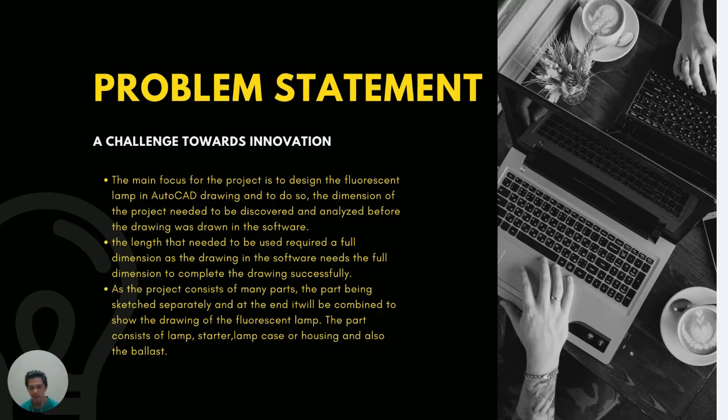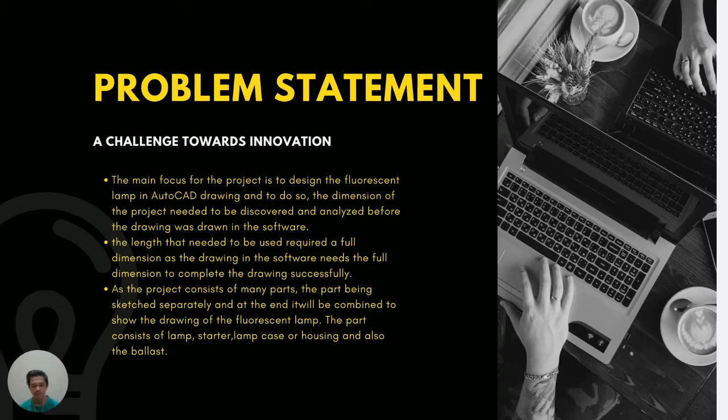Firstly, our member Tarhamis is the one who takes the right and precise dimensions of the fluorescent lamp.